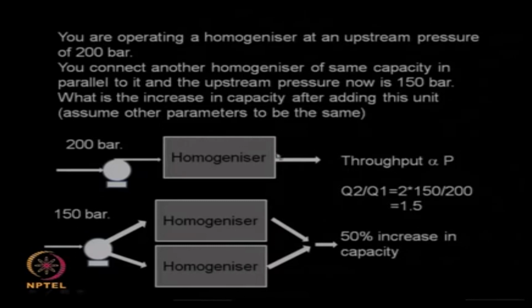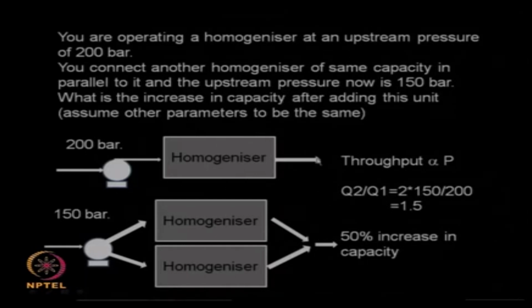If I want a 2 times increase in capacity, I need to increase the pressure of this pump. If I use the same pump, obviously the pressure will go down because I have to pump through two homogenizers. Once the pressure goes down, my throughput also goes down, that is why I am getting only a 50% increase in capacity, understand.